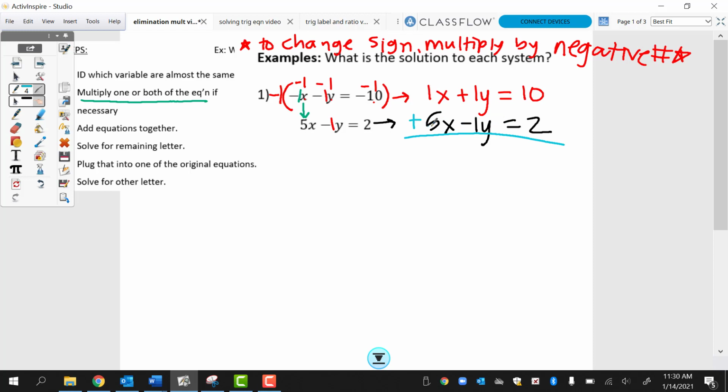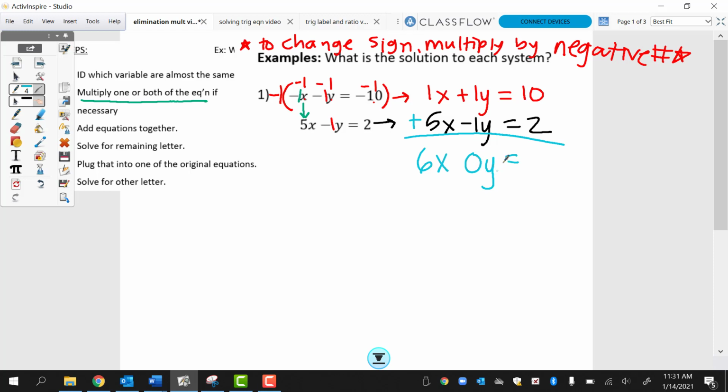So let's try. 1 plus 5, that's 6x. 1 plus negative 1 is 0. Oh my goodness. That's good. If you multiply and get new equations, and then you add them up, and you still don't get a 0, that means you multiplied by the wrong number. You got to go back and try something else. But I got a 0, so that's good.